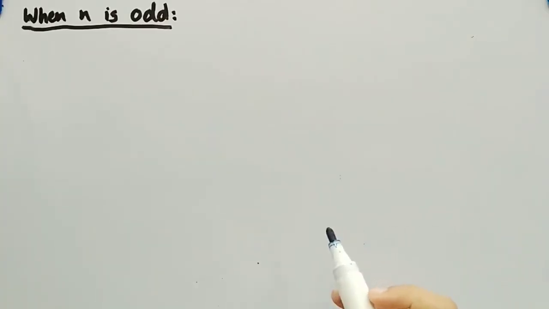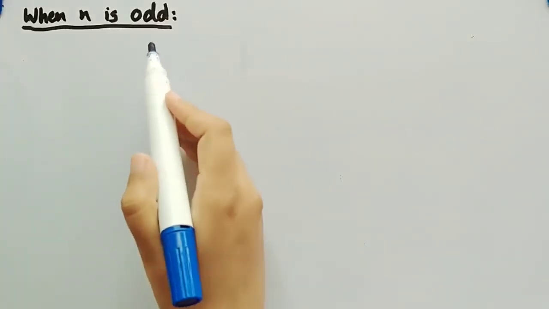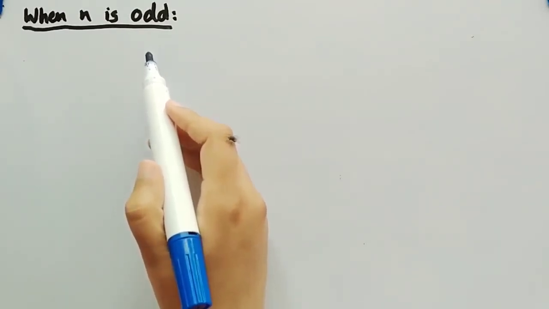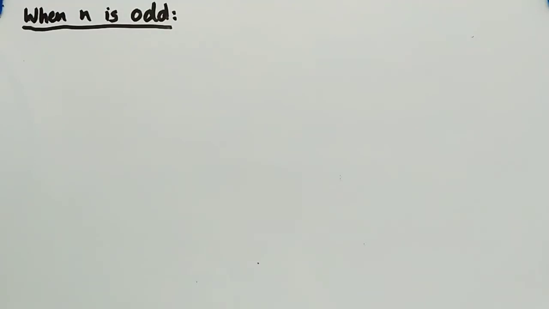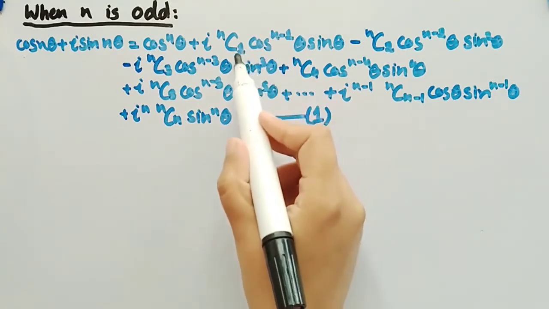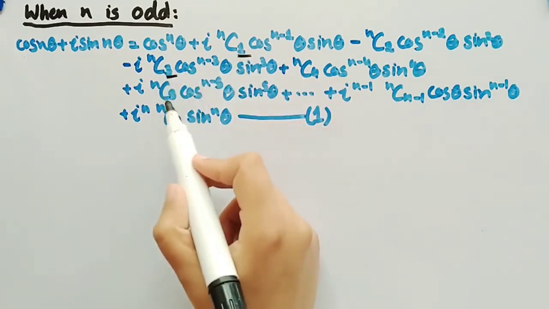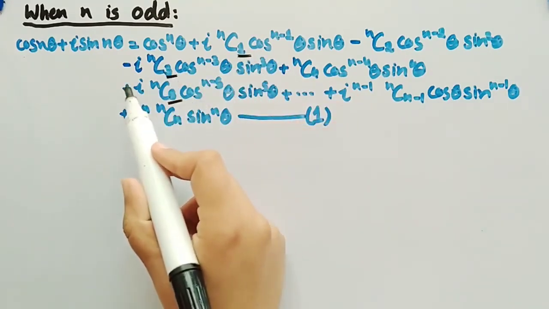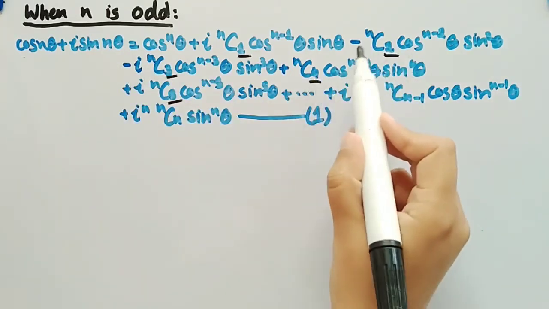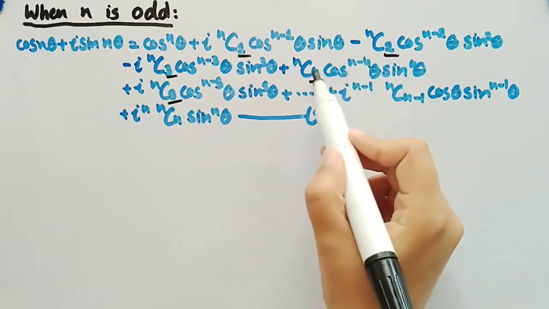Now consider the case when n is an odd integer. So let us rewrite the equation number 1. In equation 1, we can see that when there is odd number at this place, there is iota with that term, and when there is even number at this place, iota is not present with these terms.